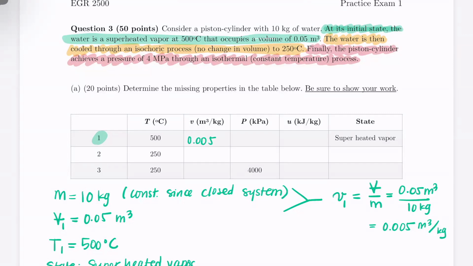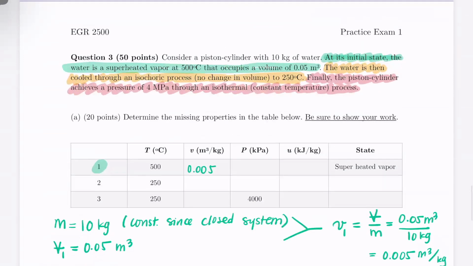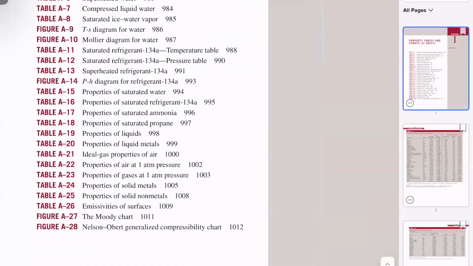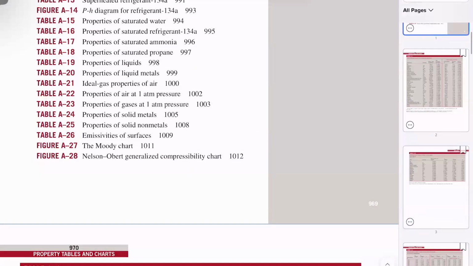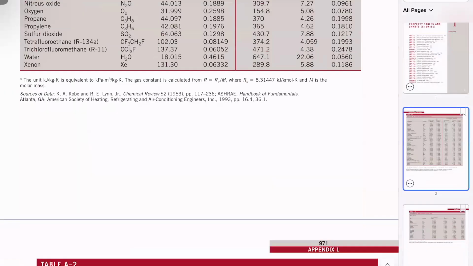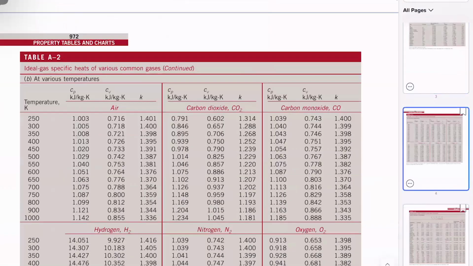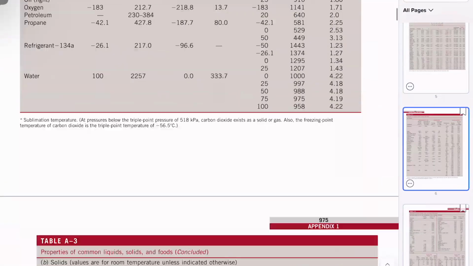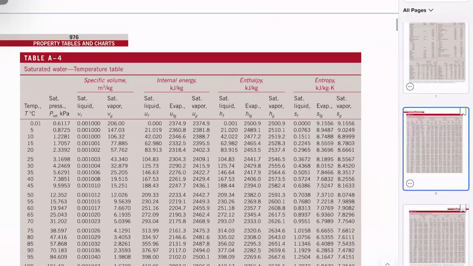Okay, so I'm going to quickly grab the tables that we need for water and add them in here.